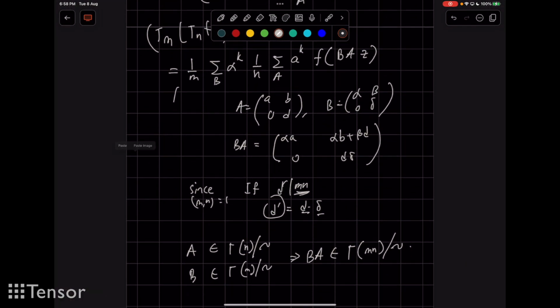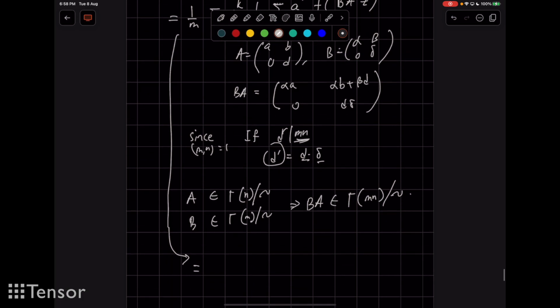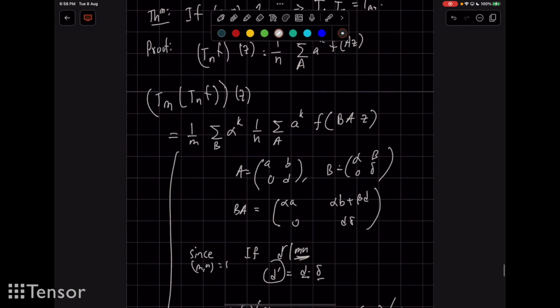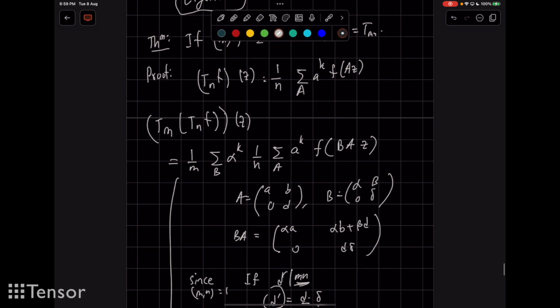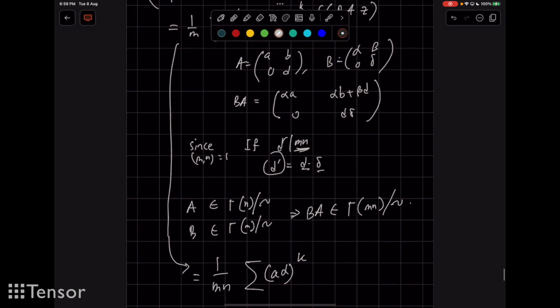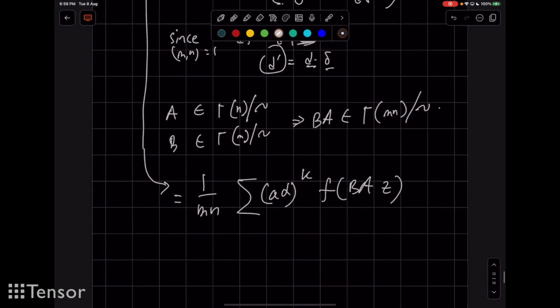Therefore, this is equal to 1 over mn, sum of A alpha to the power k, f of BA z. And this is precisely T_mn f of z.